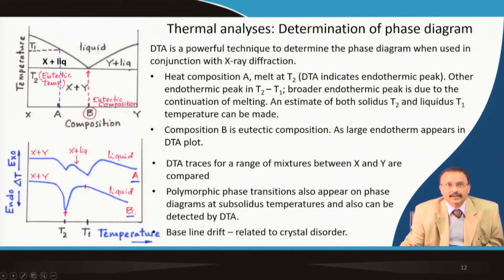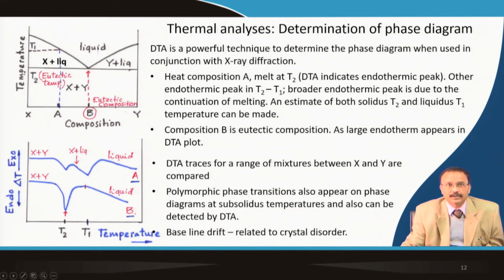So another endothermic peak will appear between T2 and T1 if you have a composition something like A, right. So an estimate of both the solidus temperature T2 and the liquidus temperature T1 can be made, and this can be done at any of these compositions, right.